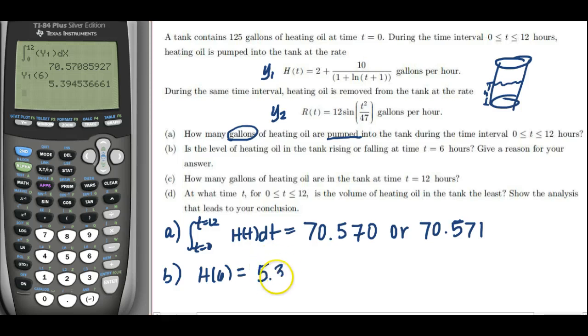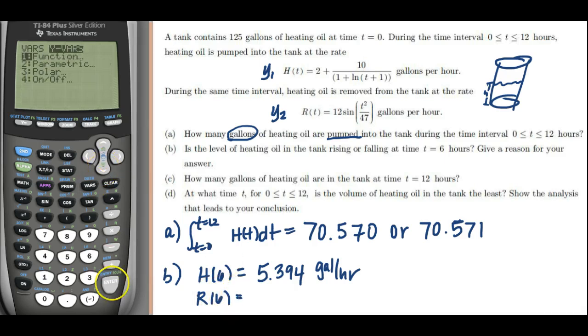So 5.394. So this is in gallons per hour. So this is the rate at 6 hours at which oil is coming in. So now let's compare that to R of 6. So that would be vars, Y vars. We can go down one to Y2 of 6.